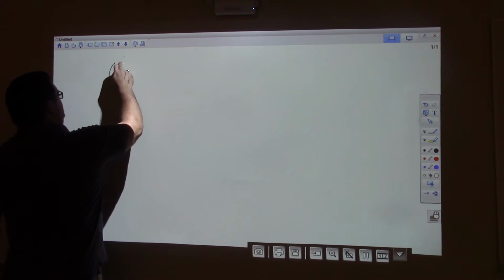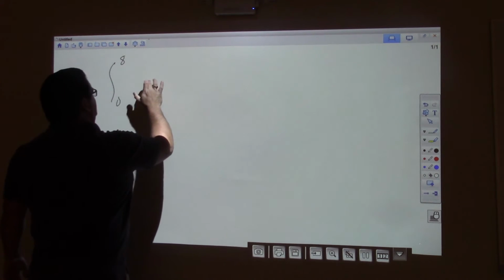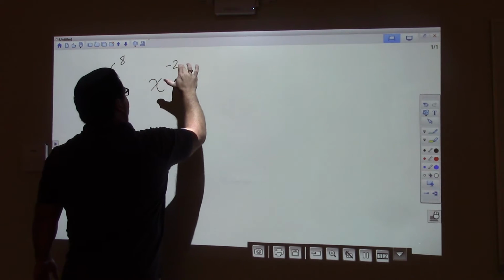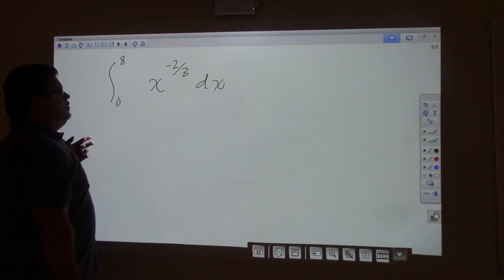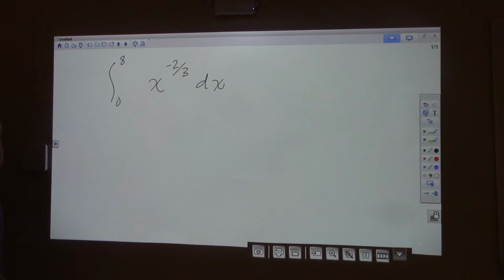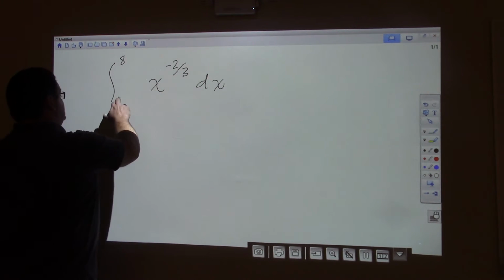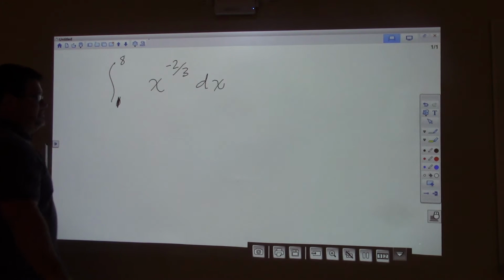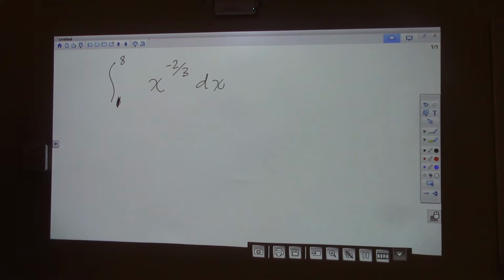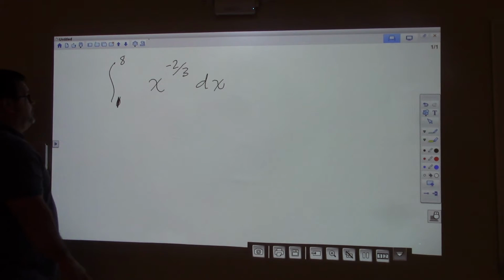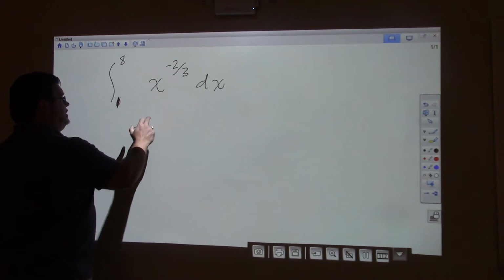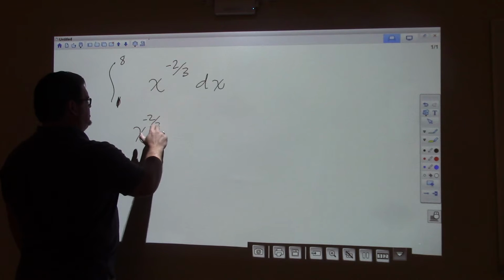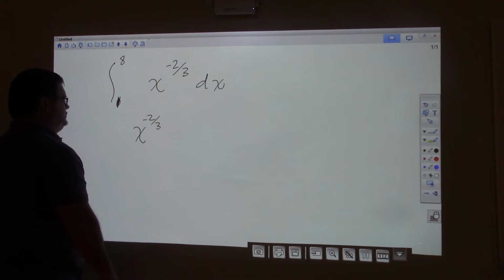Zero to 8, x to the negative 2/3 dx. Is it 0 to 8 or 1 to 8? 1 to 8. I'm not going to erase it because we don't have an eraser today. So that's going to be x to the negative 2/3, and then we just stare at it for a while.